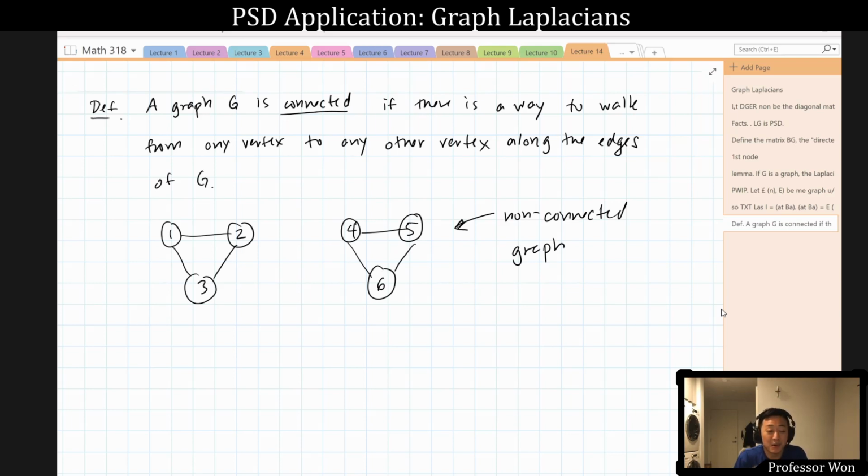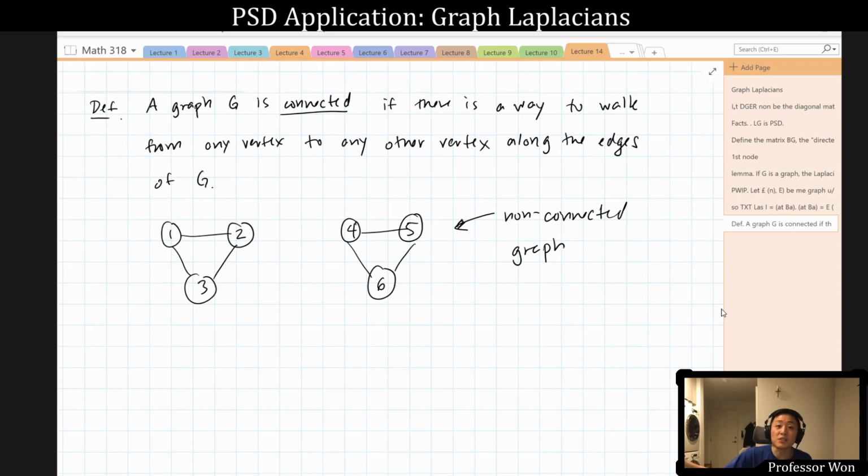You could also ask more subtle questions like, how connected is the graph? How easy is it to get from one vertex to another? That's a subtle question. But one thing is that the Laplacian, in particular the second eigenvalue of the Laplacian, tells you whether or not the graph is connected.